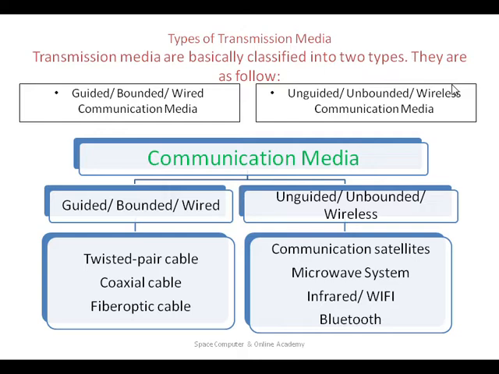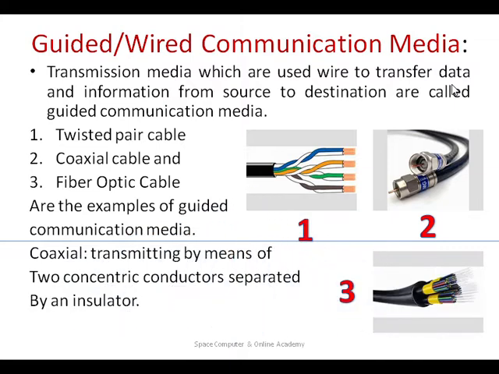Here at first we'll discuss guided and bounded media, under which, as I already told you, there are three types of cables: twisted pair cable, coaxial cable, and fiber cable. You can see the examples in the figure: one is twisted pair cable, two is coaxial cable, and three is fiber cable.